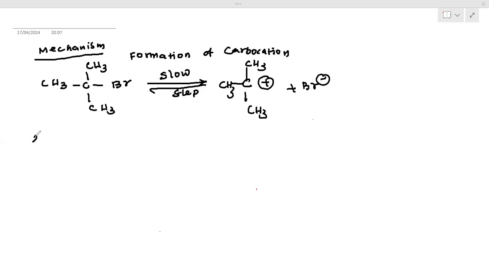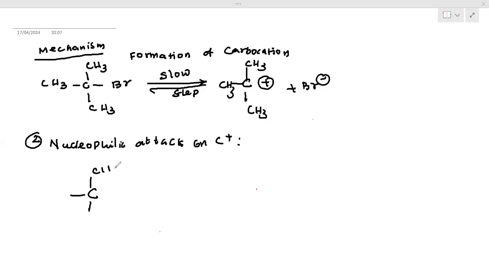In the second step, there is a nucleophilic attack on the carbocation. Here we have CH3, CH3, CH3 around the electrophilic center, the carbocation. The nucleophile is hydroxide, OH minus.